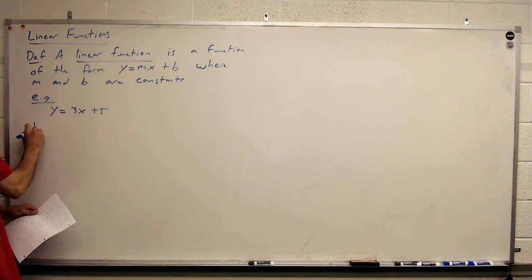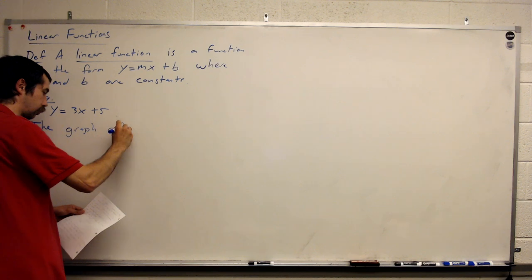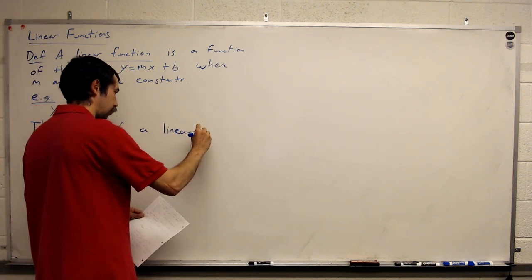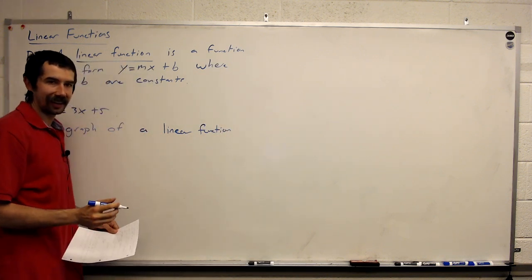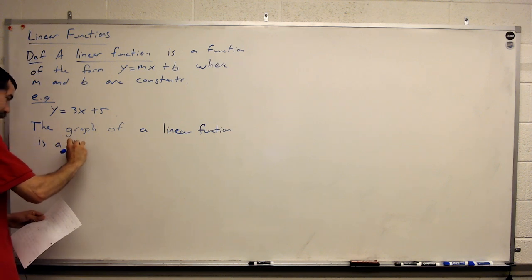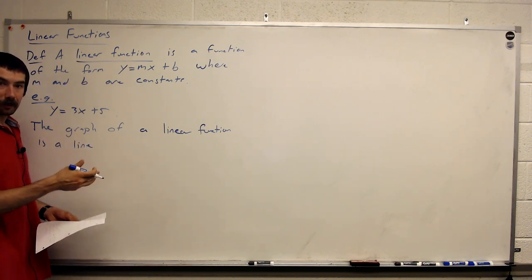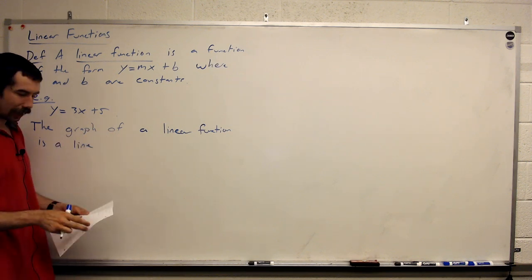The graph of a linear function, you're never going to believe this, is a line. But so why is that important? It only takes 2 points to determine a line.